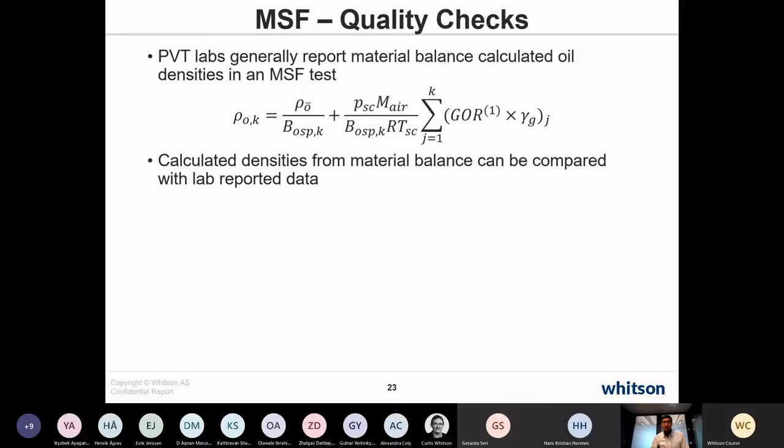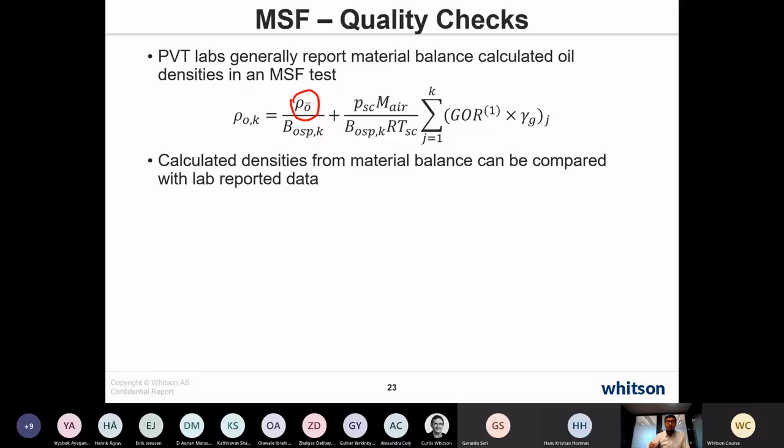The quality checks for the multi-stage separator test. One of the quality checks is calculating the densities. As I mentioned earlier, the only measured density is usually the stock tank oil density, this guy here. All the other oil densities at the other pressure stages are calculated from the material balance.